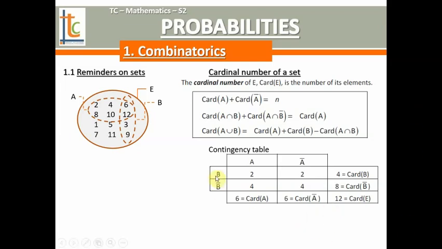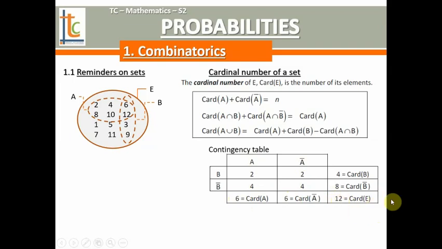You can see that you've got margin frequencies, which are subtotals of the table. Inside B, you've got in total 4 elements. You can see the 4 elements of B on the Venn diagram. And outside B, you've got 8 elements. In columns, you've got a total of 6 elements in A and 6 outside A. And of course, the general total is 12.